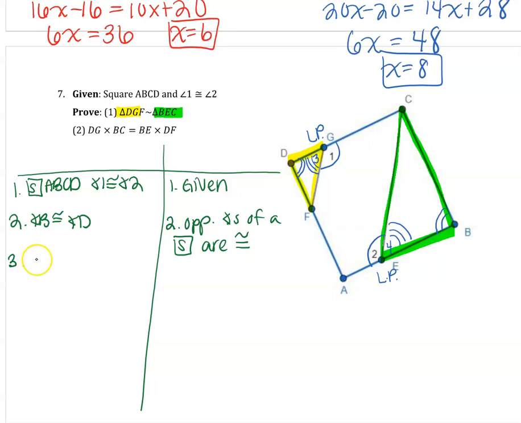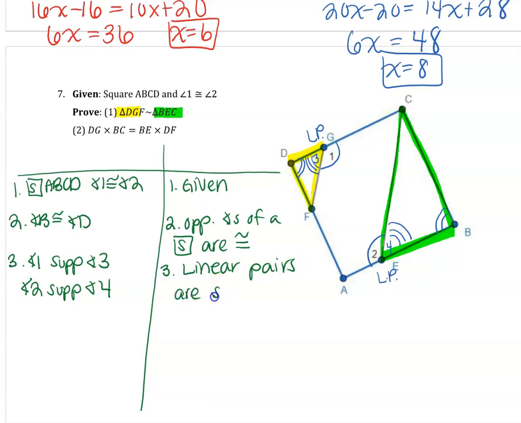So we're going to do angle 1 is supplementary to angle 3, and angle 2 is supplementary to angle 4. And our reason is linear pairs are supplementary.